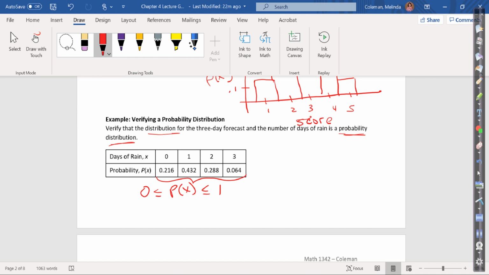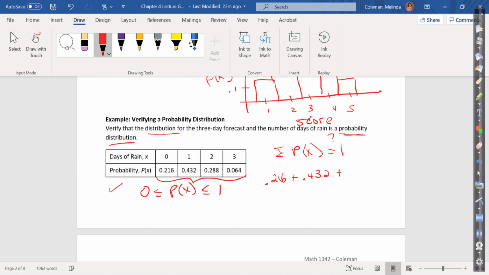And yes, you can see all these numbers are between 0 and 1. No negatives, nothing unusual, so that is true. Then the next thing we're going to do is sum the probabilities and see if they equal 1. And that's your question.